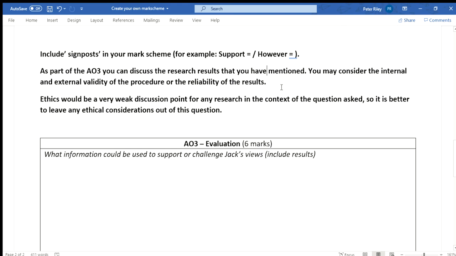So for instance, if you're talking about Milgram's variations as supporting research for Sarah's views, you could also challenge or award marks for challenging those viewpoints by saying, however, we can question the ecological validity of these findings, or potentially challenge the internal validity due to the mundane realism of the procedure actually involved using that electric shock machine. Okay, so that's all I want you to do.